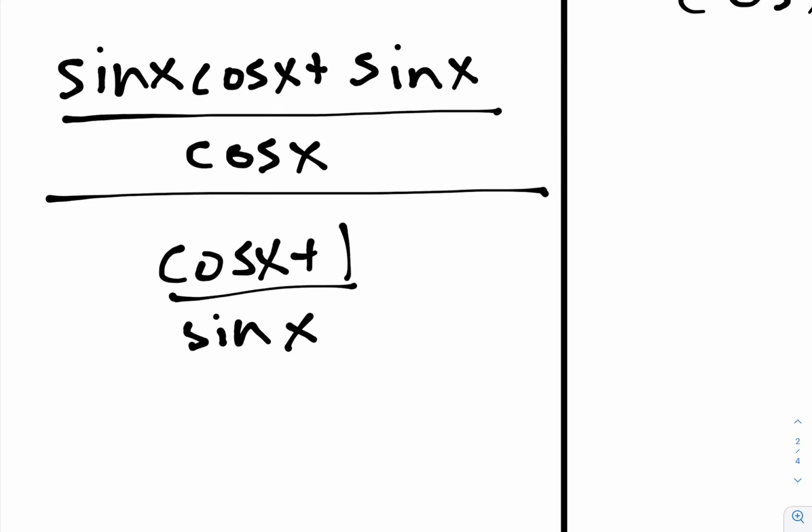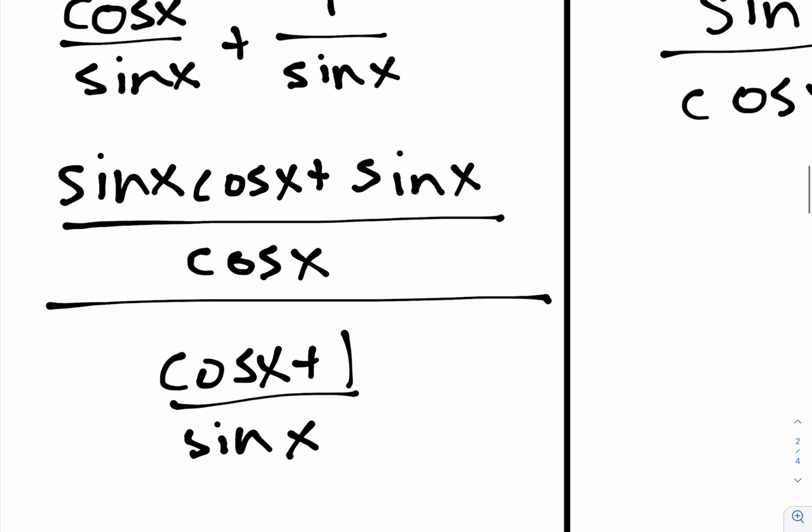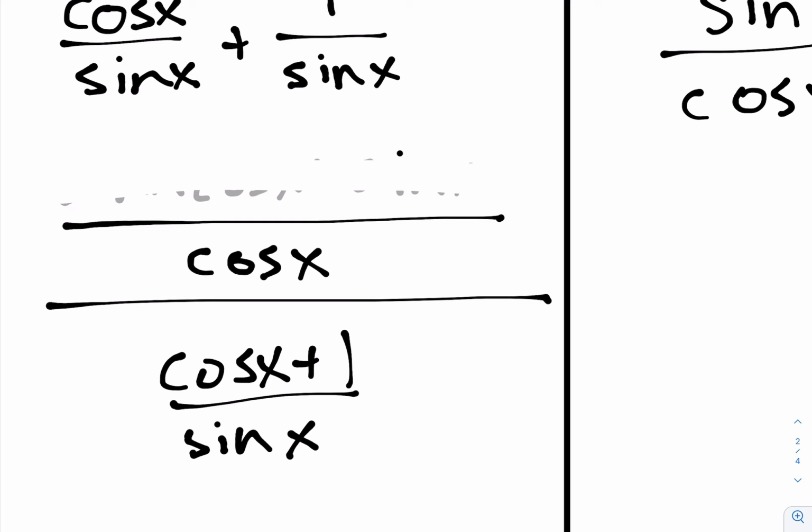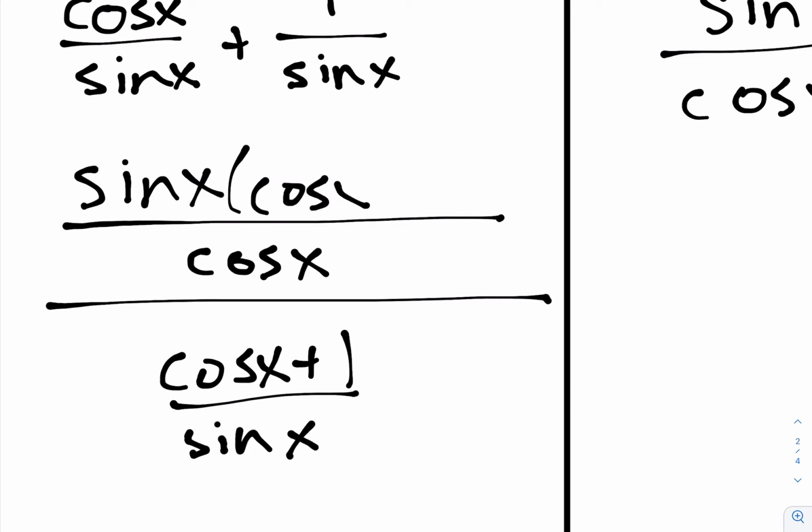Actually, first I see on the top that we can factor out a sine x, because both terms, sine x cos x and sine x, have that common factor, sine x. So if I factor out a sine x, that's going to be cos x plus 1 on the inside of those brackets.